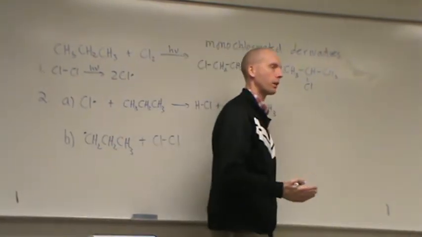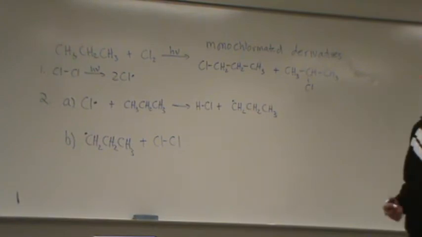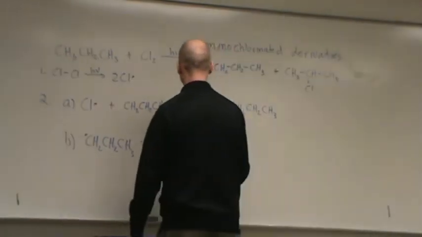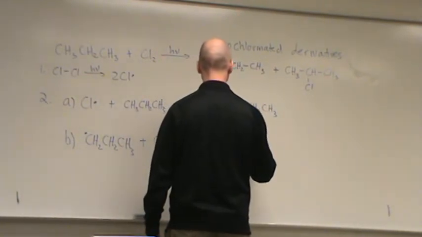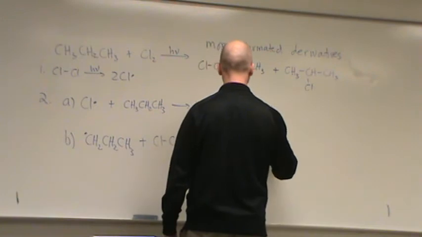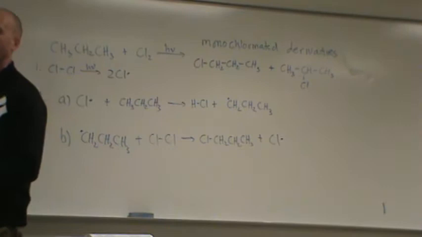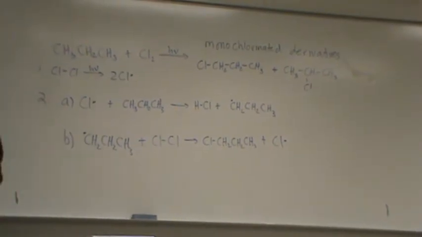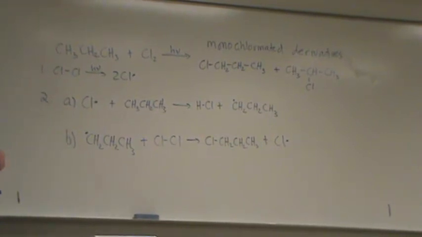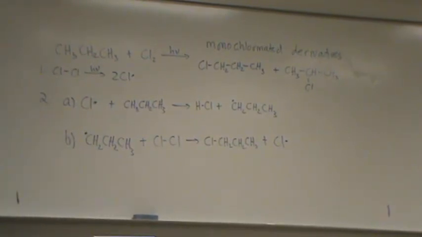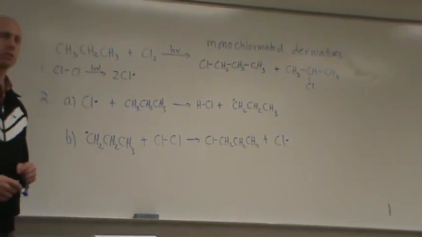Okay, see how it's following the CH4 model reaction we already did? So take one of the chlorines, form a new chlorine radical. Okay, and then it can repeat itself, A and B all over again. Okay, any questions on what we did there? Does that make sense? Okay.